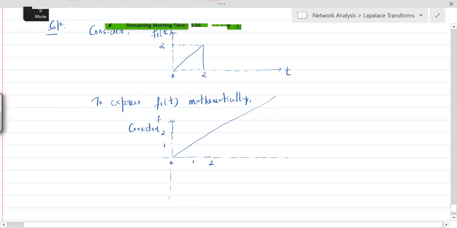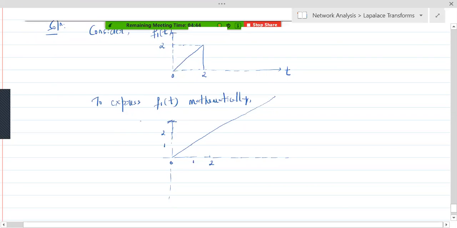Which signal is this? Can you identify this? Anybody would like to comment on that? This is a ramp signal, with slope 1.